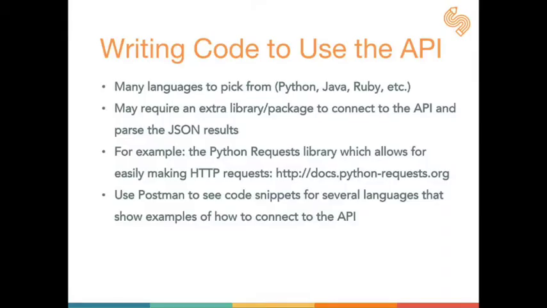Okay, who in here is new to writing code or has never really written computer code before? Okay, that's cool. If you're interested, doing some projects that involve Schoolrunner's API is a really great way to start learning computer programming.